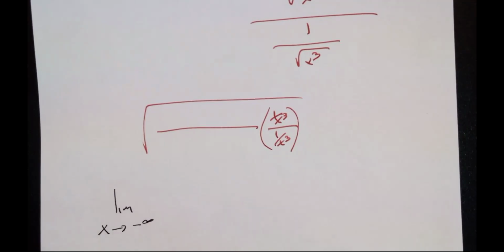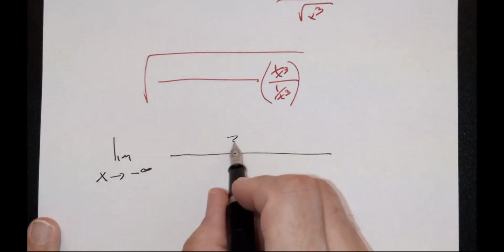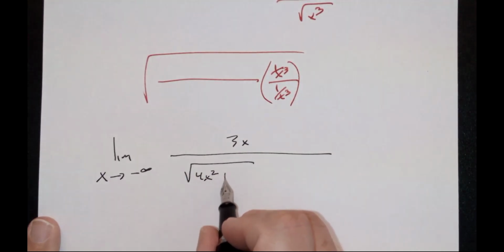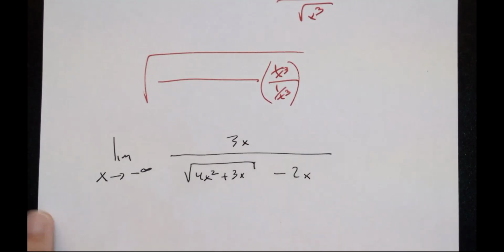Right? Now give me the thing you said you'd simplified to. The square root of x squared plus 3x, minus 2x. So here's the deal. I look at this and I say, what's the highest power of x? Except that square is under a square root, and those cancel each other out, so it's x to the 1.